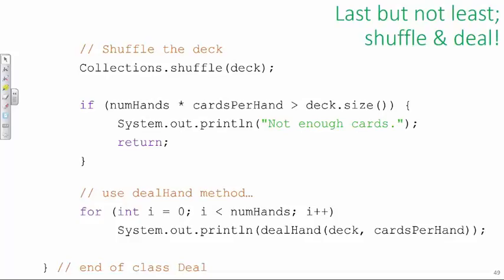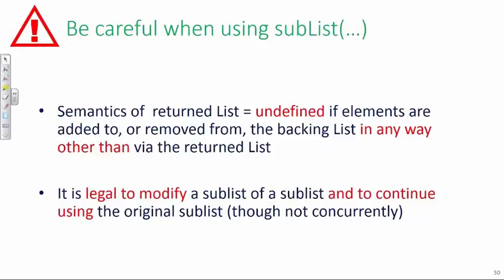A few things to watch out for when you are manipulating that returned sublist that you get. Like I told you, it's supposed to be write-through to the original list. Make sure that you do not add or remove elements from the backing list in any way when you are manipulating your returned list.